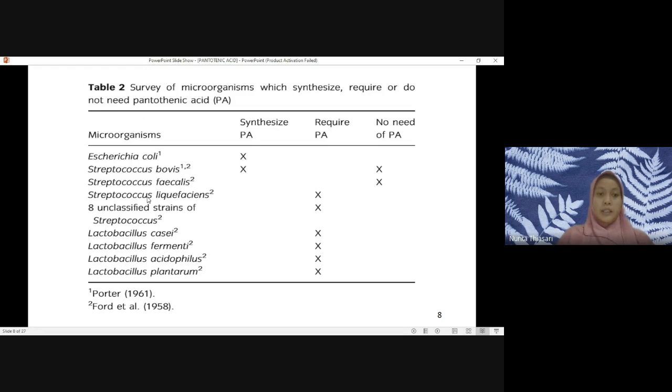Other microorganisms do require pantothenic acid, such as Streptococcus liquefaciens and another strain of Streptococcus, Lactobacillus casei, Lactobacillus fermentii, Lactobacillus acidophilus, and Lactobacillus plantarum.